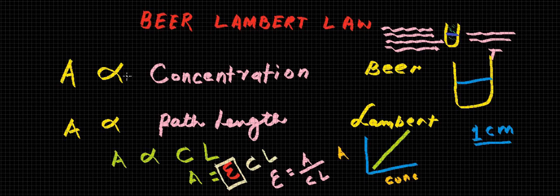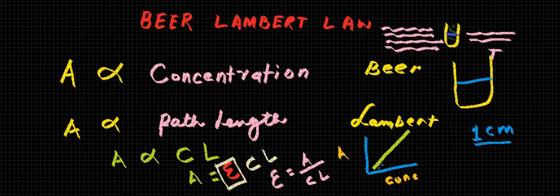Absorption. Lambert Law tells us that the concentration of an analyte in a sample and its absorbance are directly related to each other, and there must be a linear relationship between the two in order to have an accurate quantitative analysis.